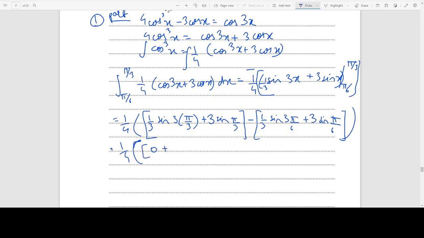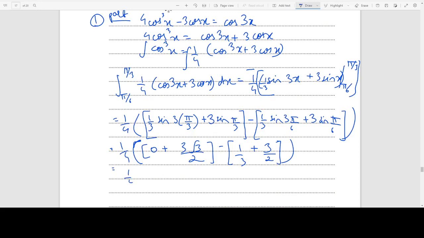0 plus 3 root 3 upon 2 minus 1 over 3 plus 3, let's see, 3 upon 2.